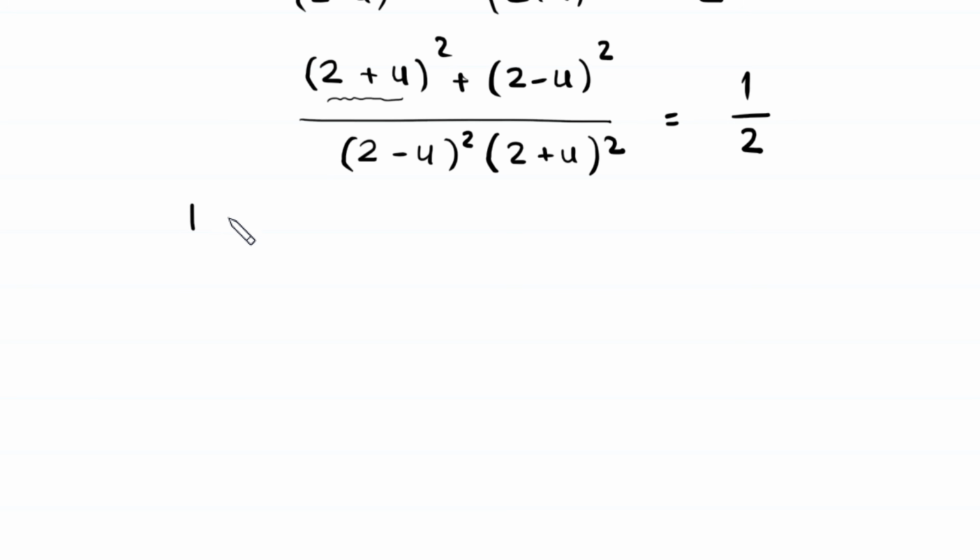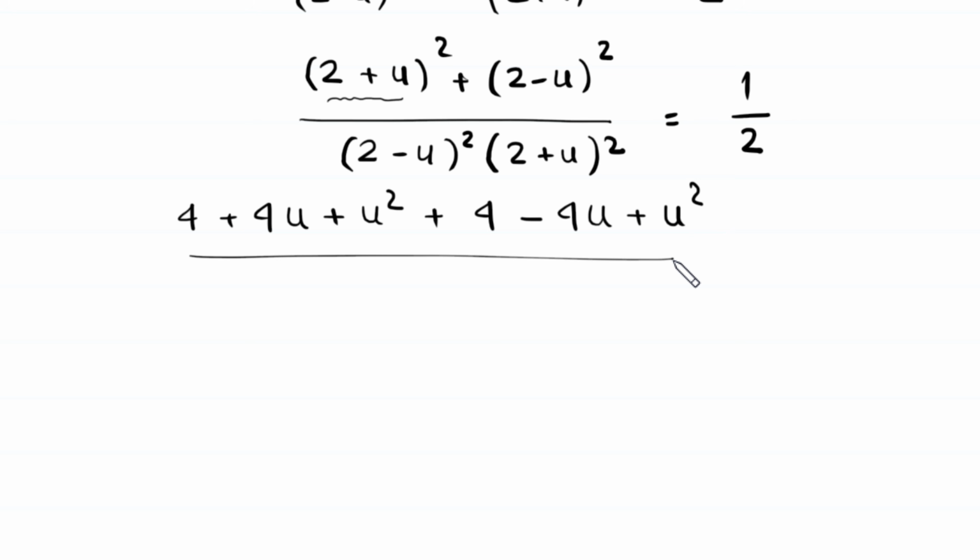This will become 4 plus 4u plus u squared. Expand this (2 minus u) whole squared. This will become 4 minus 4u plus u squared, divided by this (2 minus u) whole squared times (2 plus u) whole squared, which will become (4 minus u squared) whole squared equal to 1/2.